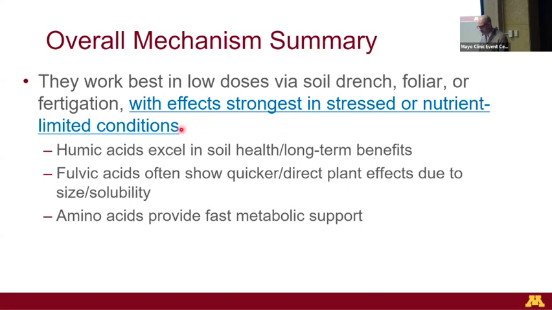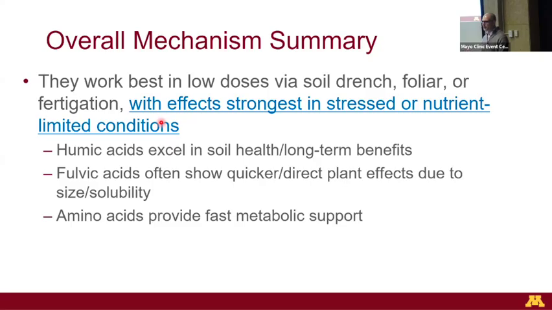And throughout the talk, I have in blue and underlined a few of those statements, because later on you're going to put it all together to try to get an idea of what's really going on with those products. But when they work, humic acids are going to excel when they're soil applied in very low organic matter conditions.